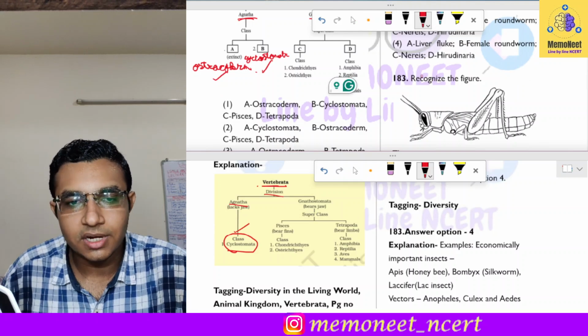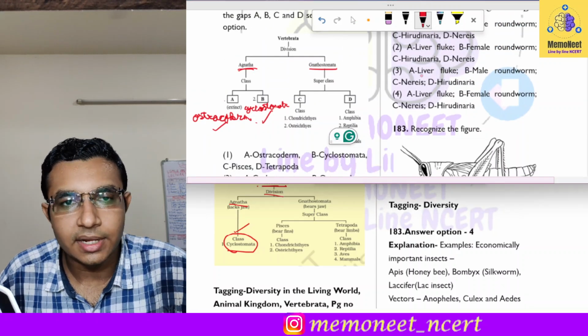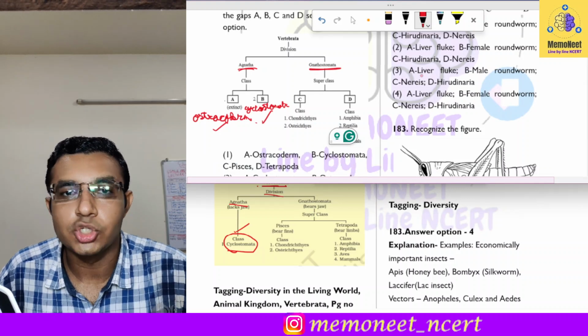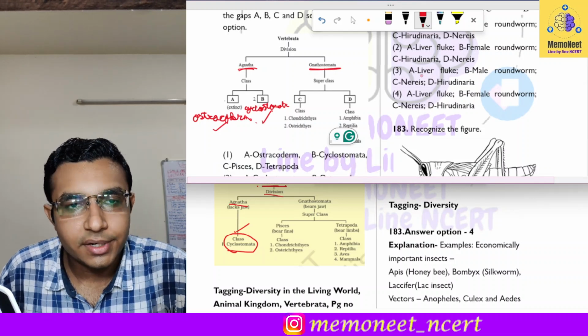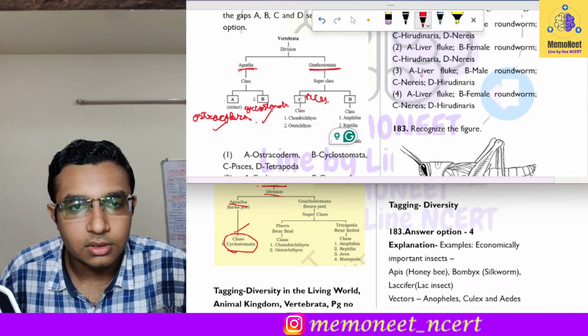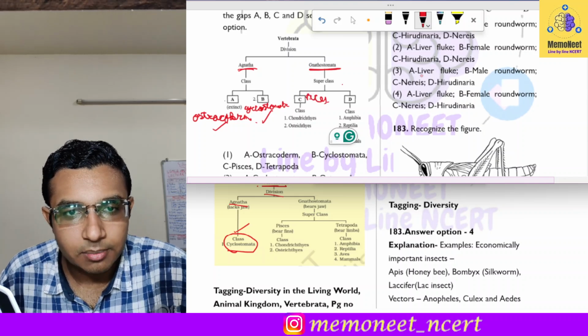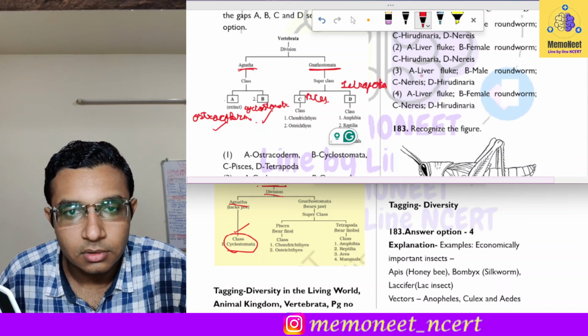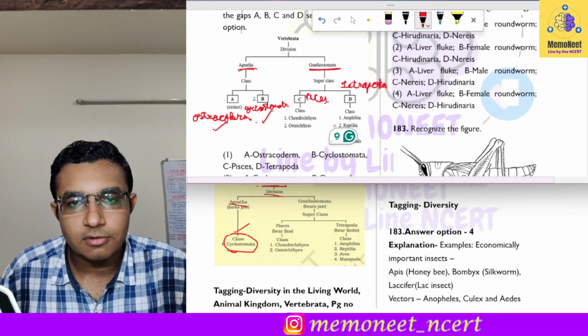Now next we are dividing the gnathostomata. The gnathostomata are the animals which bear jaw. Okay, and these are divided into classes called as Pisces or the fishes and the tetrapoda. Okay, means which bear limbs.